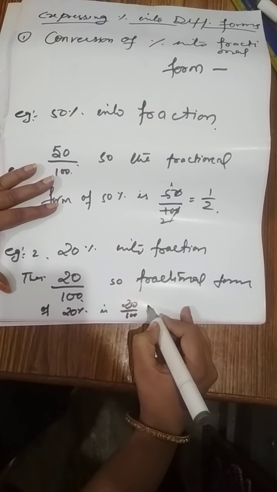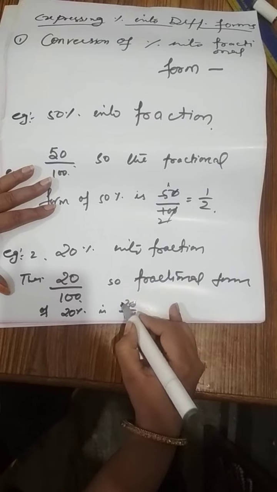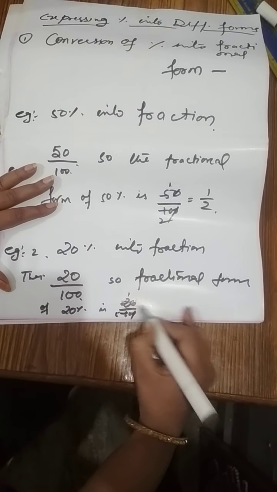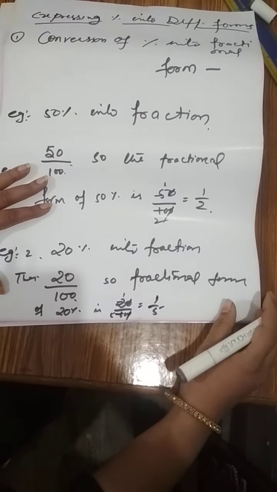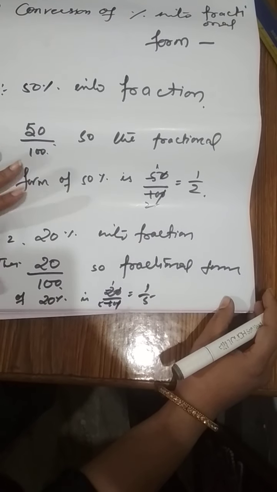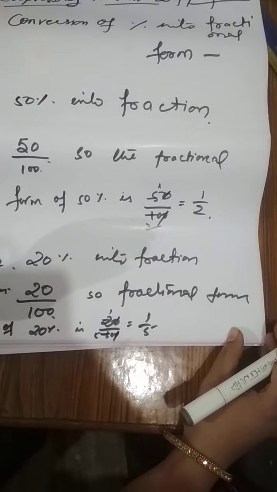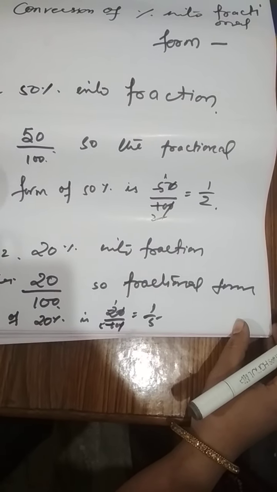If we simplify it, the zeros are going to be cancelled. 2 ones are 2 and 2 fives are 10, that is equal to 1 by 5. We can say the fractional form of 20% is 20 by 100 or 1 by 5. So I hope you understood this.